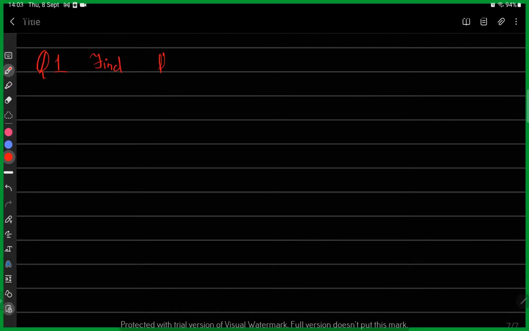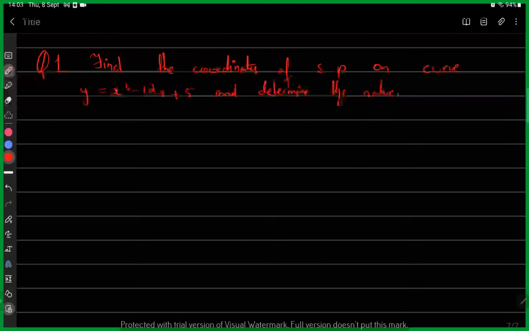Find the coordinates of stationary points on the curve y equals x cubed minus 12x plus 5 and determine the nature of these points.